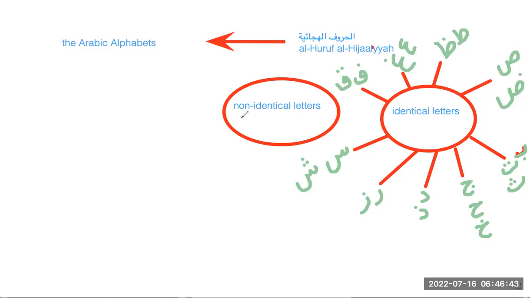Okay. So when we talk about the identical letters, we mentioned the importance of the dots, and the dot is called al-i'jam, right?